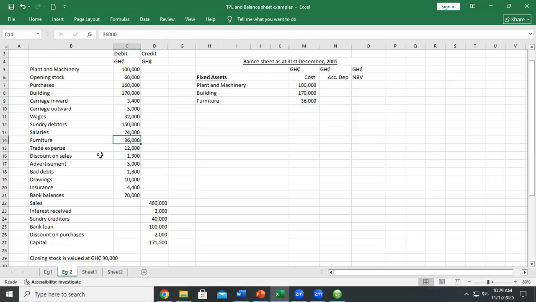You move on. Trade expense, discount, advertisement. Bad debt, drawings, insurance, bank balance, no. So these are the fixed assets that we have. There is no depreciation, so eventually this cost will be the net book values.